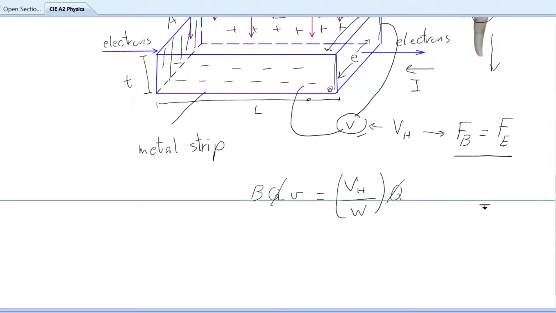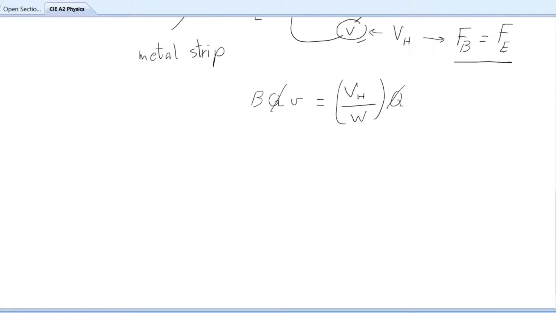And furthermore, you may remember from your AS exams, there was an equation saying that the current inside any conductor is equal to NAVE, where N is the number of charge carriers or electrons per unit volume, and A is the cross-sectional area. V was called the drift velocity.